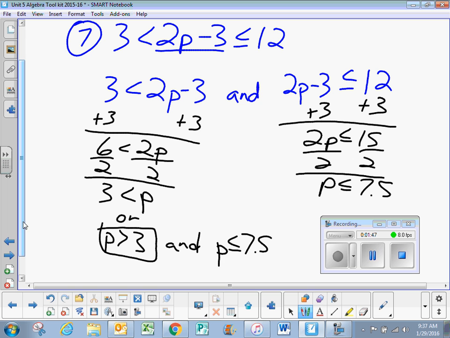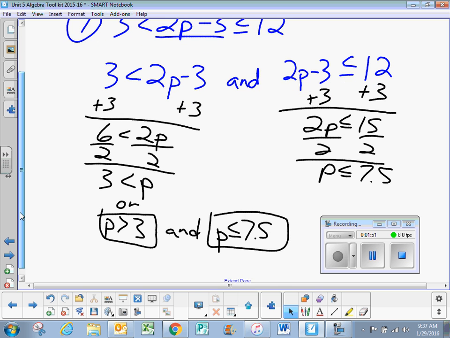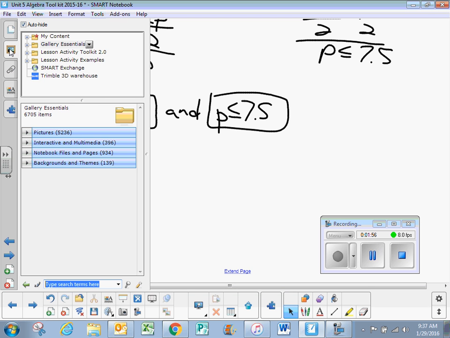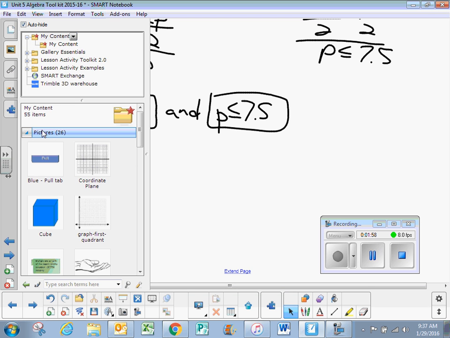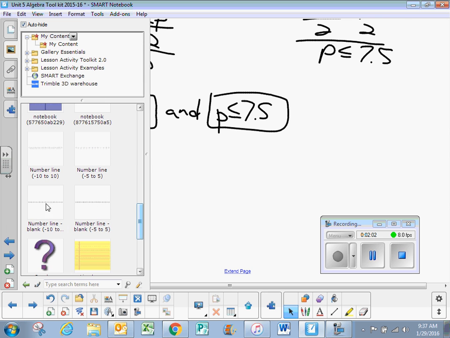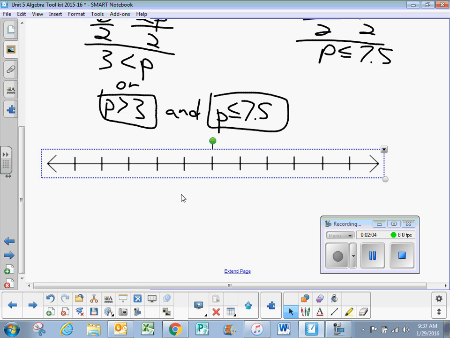So now we need to graph it, and we need our 3 number lines. So we're going to go ahead and get our number lines, and we're going to put those on there. And so let's get some blank ones here.